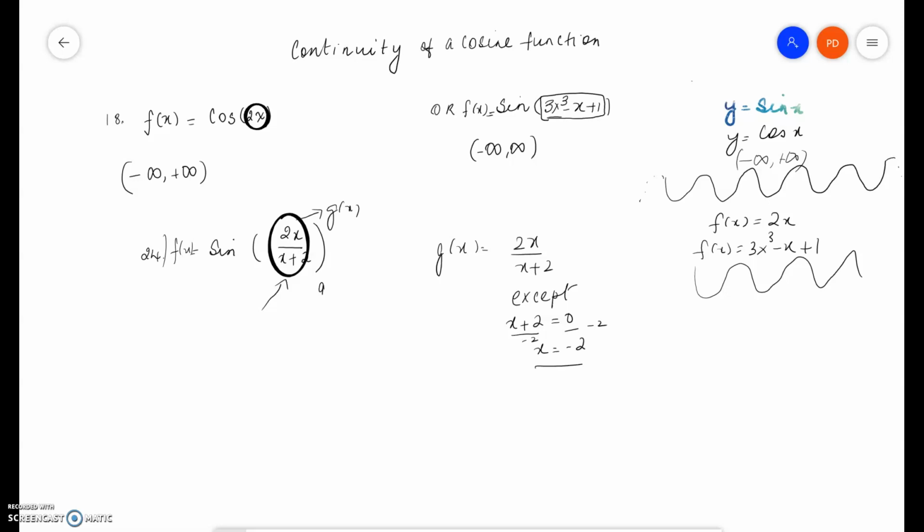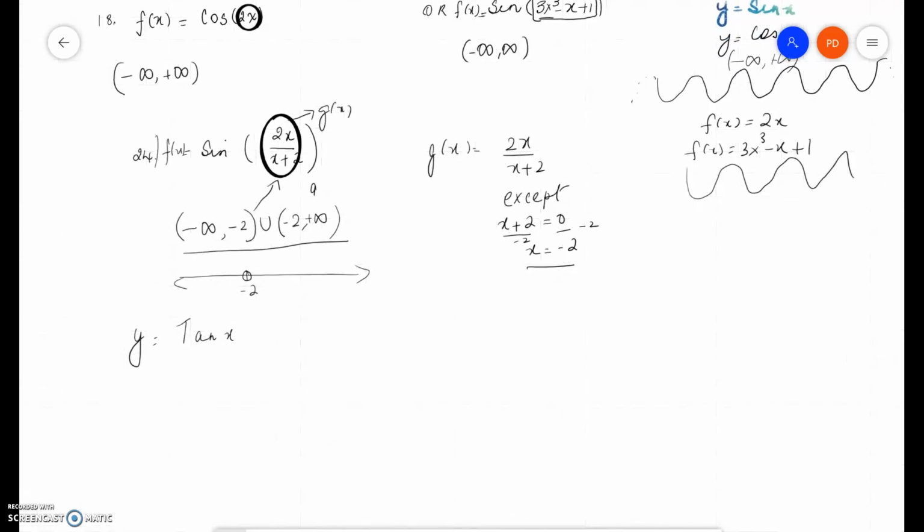So this function is continuous everywhere except at negative 2. So negative infinity to negative 2, open interval. We just delete the negative 2, and then continue from there on, negative 2 to infinity. So the only point that we have deleted on the real number line is negative 2. So it's everything except that one exception of negative 2. All real numbers except negative 2.